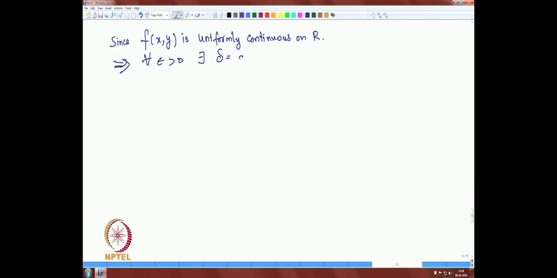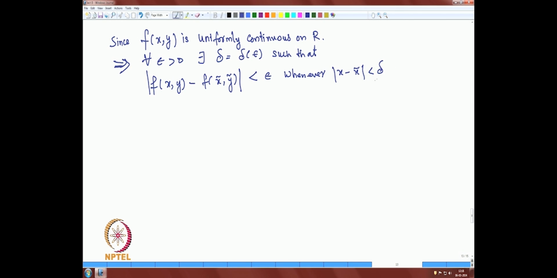Of course, the delta will be a function of epsilon, such that |f(x, y) - f(x~, y~)| is less than epsilon whenever |x - x~| is less than delta and |y - y~| is less than delta.